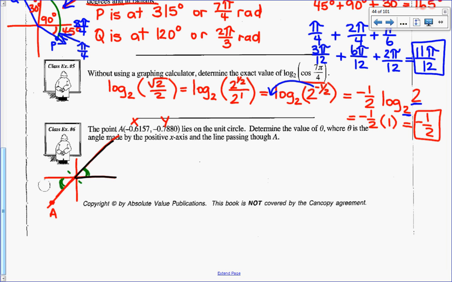So let's see. If we know x and y coordinates, this is actually our cos and our sine as well. So what we really know about this angle is that the cos of that angle is negative 0.6157. And the sine of that angle is negative 0.7880.